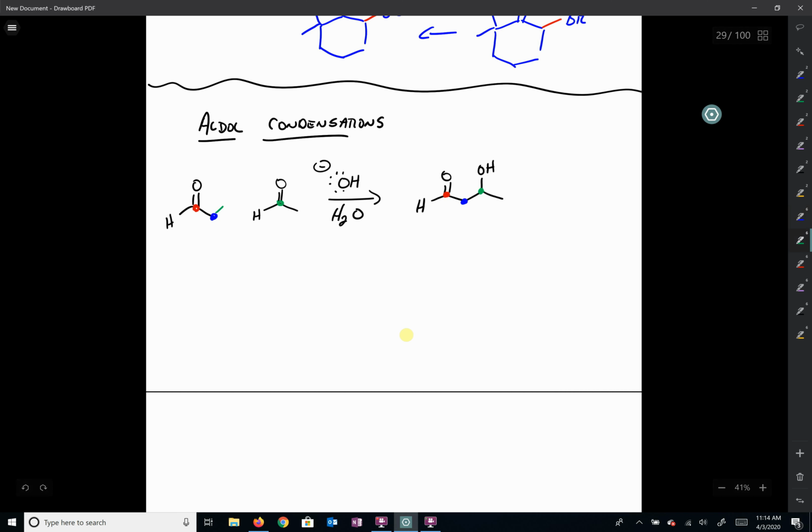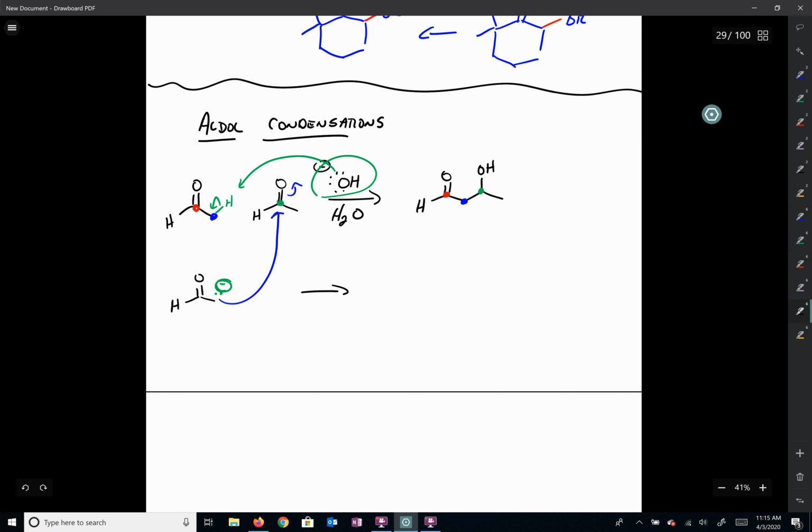As soon as we've got our alpha hydrogens and we're under basic conditions, we are generating the negative charge here on that alpha position, which is a good nucleophile, right? And we've got a carbonyl, so we should expect to see this happen here.